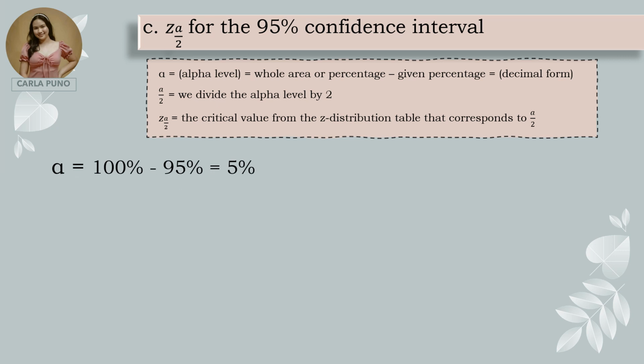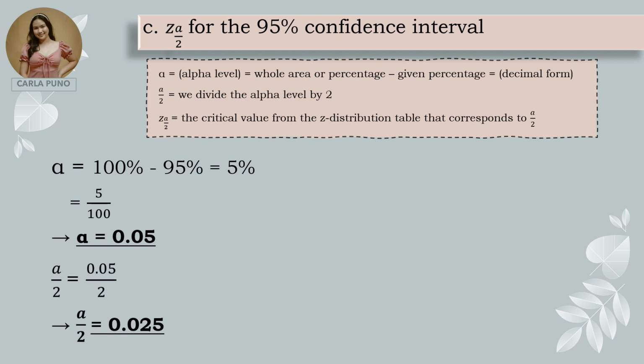We have alpha equals 100 minus our given percentage, which is 95%. Therefore, we have 5%. And then we divide by 100 to get its decimal form. We have alpha equals 0.05. And again, we're going to divide it by 2.